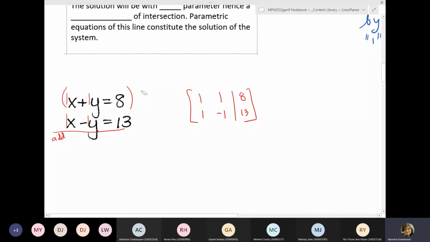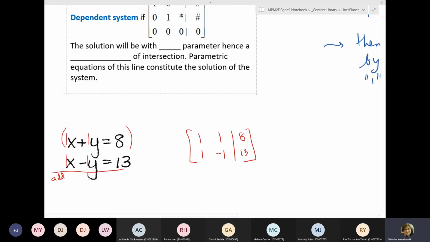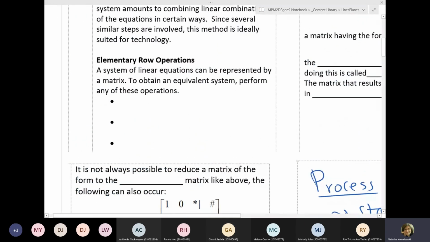So we're going to summarize what it is to do with matrices that is equivalent to what we do with lines. Let me just put those in as the bullets over here.